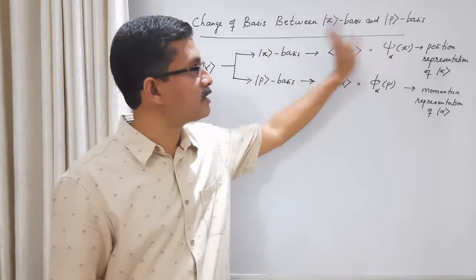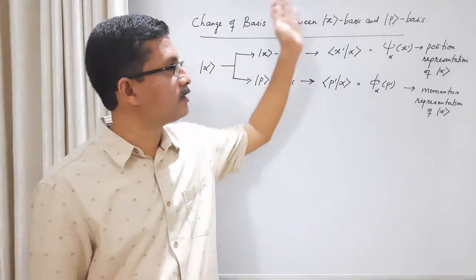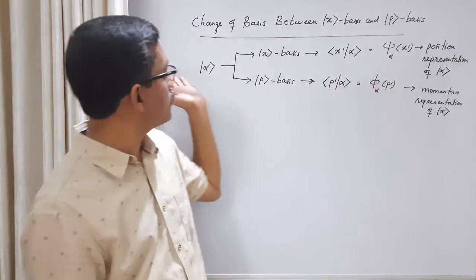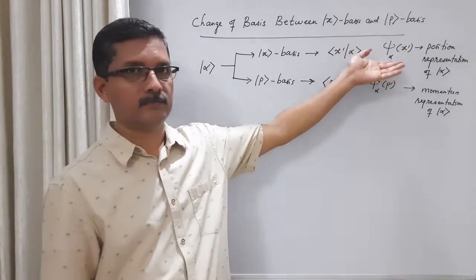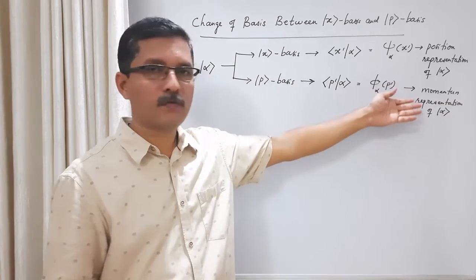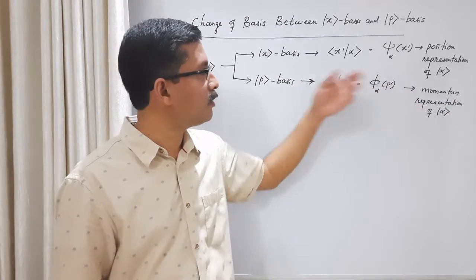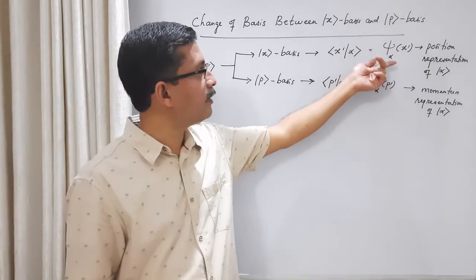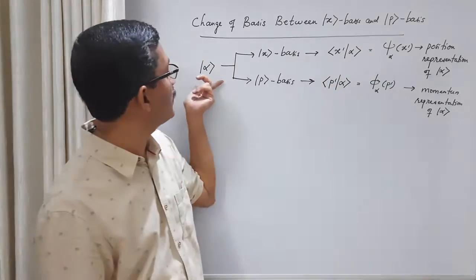Consequently, the representation of vectors and operators in position basis is called position representation. Here we have shown only the representation of a vector, which is called the wave function. Similarly, the representation of vectors and operators in momentum basis is called momentum representation. I have shown here only the representation of a general ket.